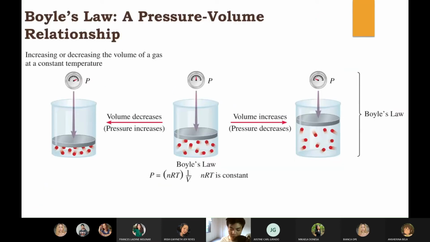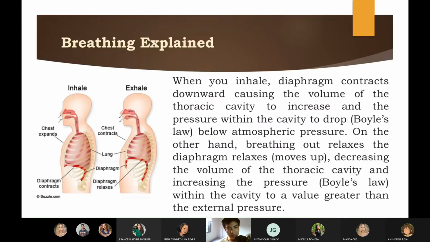So, ano yung mga examples nito in daily life? Bukod dito sa upuan ko. One example would be breathing. No? So, pag humihinga kayo, what happens is that the pressure of your chest, no? Yung chest cavity natin, may pressure doon because of the diaphragm's movement. Okay?